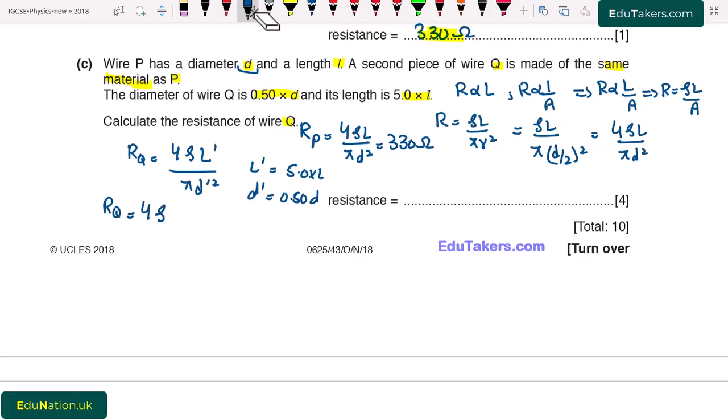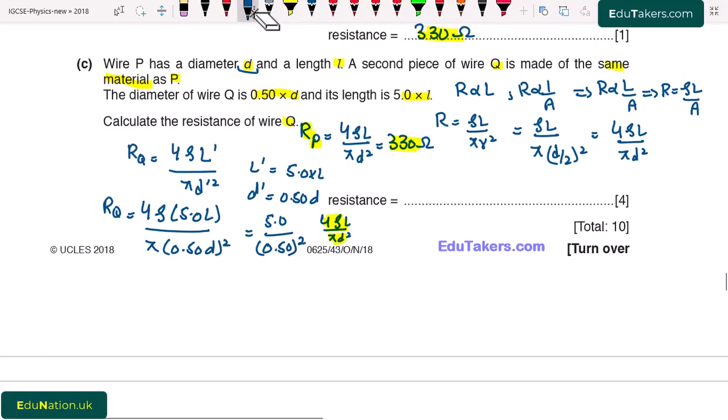Putting these values here, RQ will be equal to 4 rho times 5.0 L over pi times 0.50 D squared. By rearranging it, I get 5.0 over 0.50 squared times 4 rho L over pi D squared. This factor is basically equal to Rp, and the value of Rp is 330 ohm.